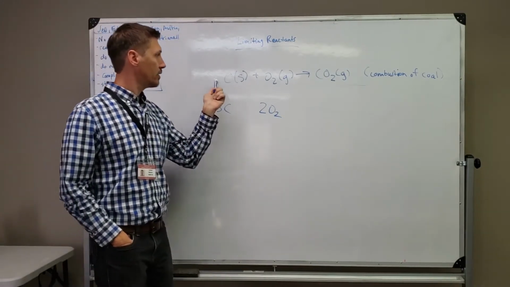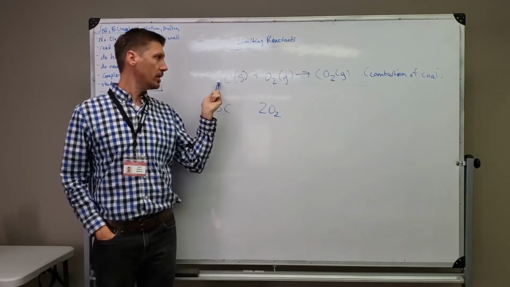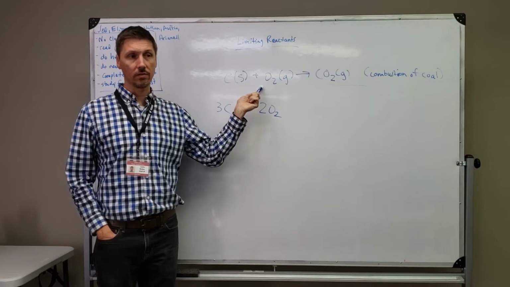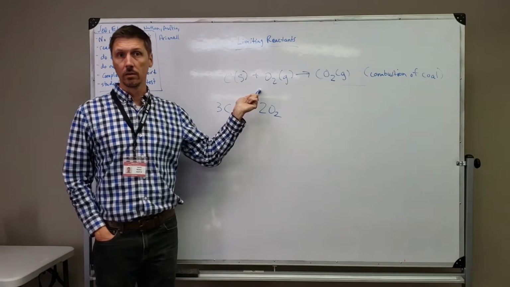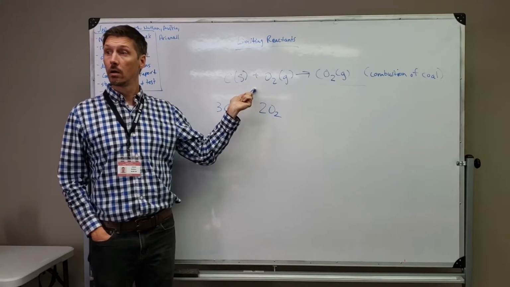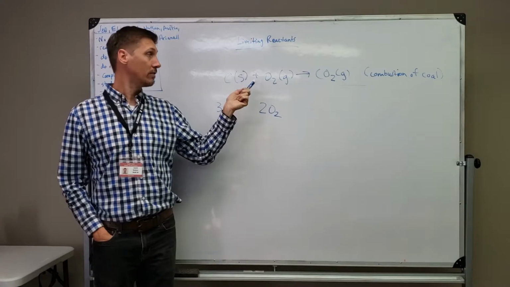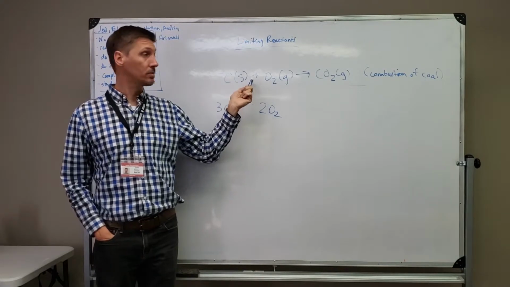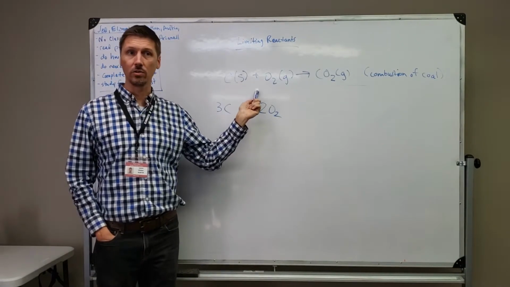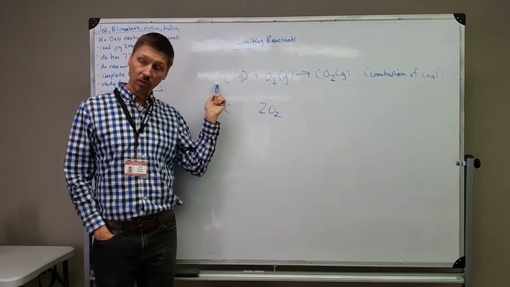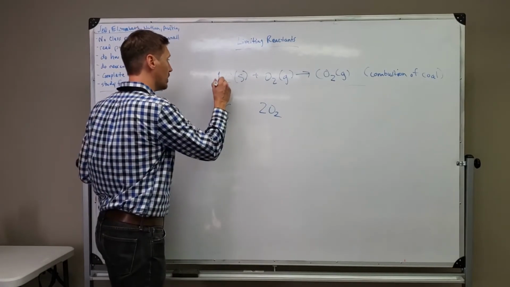In this reaction here, if we have 1 mole of carbon, how many moles of the oxygen molecule do we need? We have 2 oxygen atoms, but this is an oxygen molecule. So for O2, for every 1 mole of carbon, there's an understood 1 in front of this.